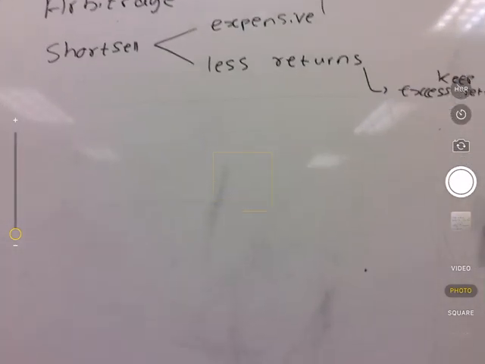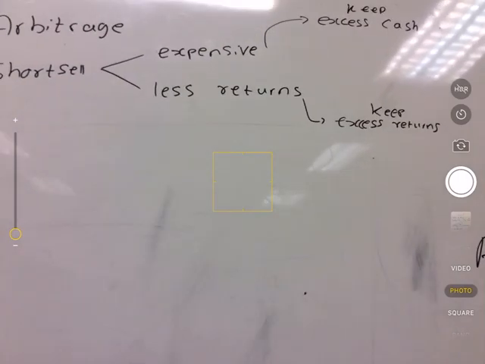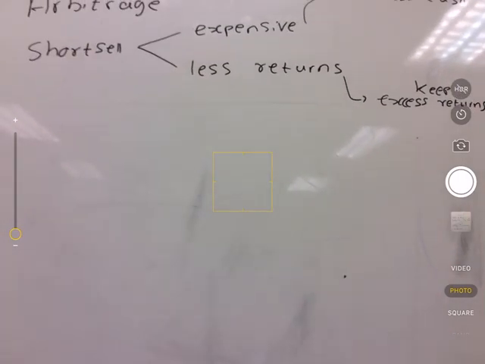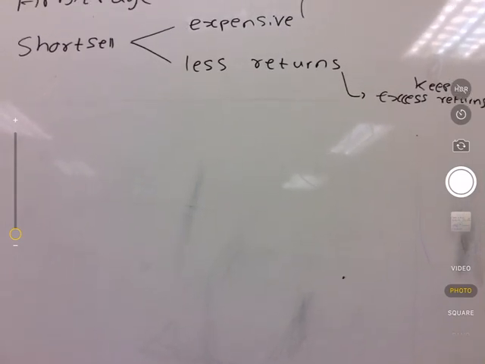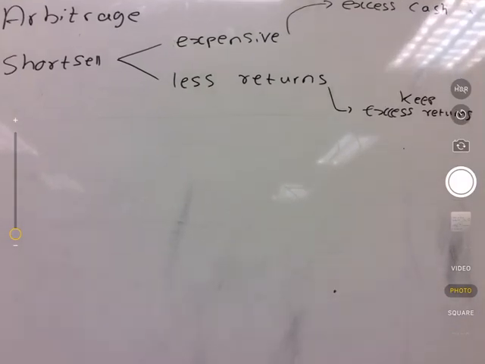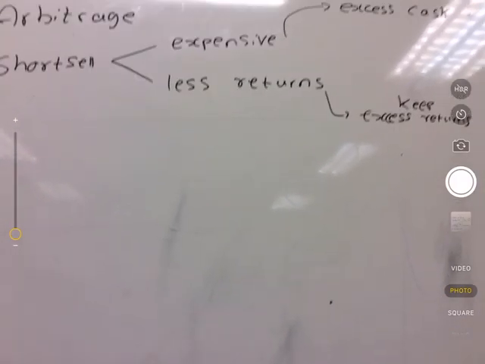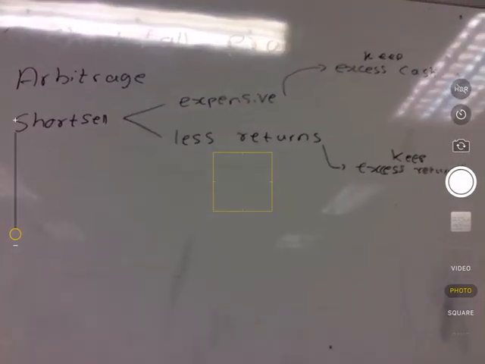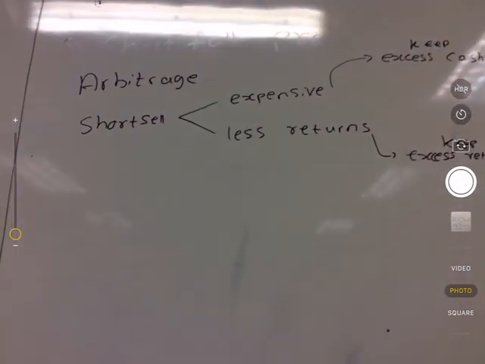And if it gives you less returns, you can short sell that asset again and sell it in the market, and when the returns come back, you give back the asset and keep the excess returns. That is how you would take advantage of arbitrage.